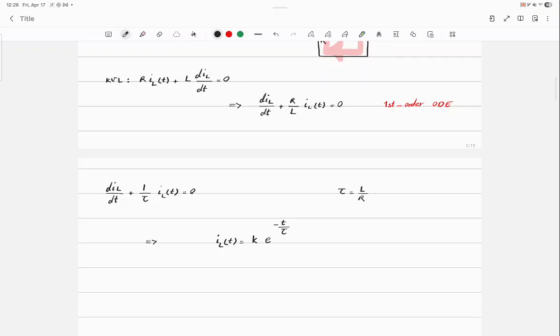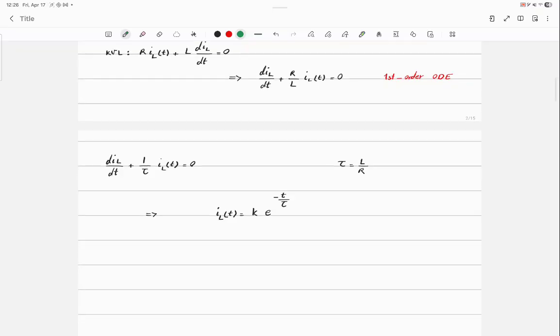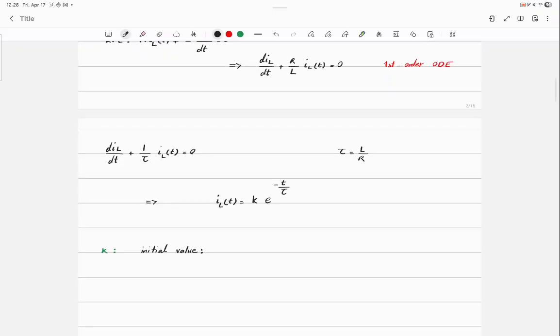So let's determine K. Initial value. So IL(t), if I plug 0 positive into it, why did I choose 0 positive, not 0 negative?